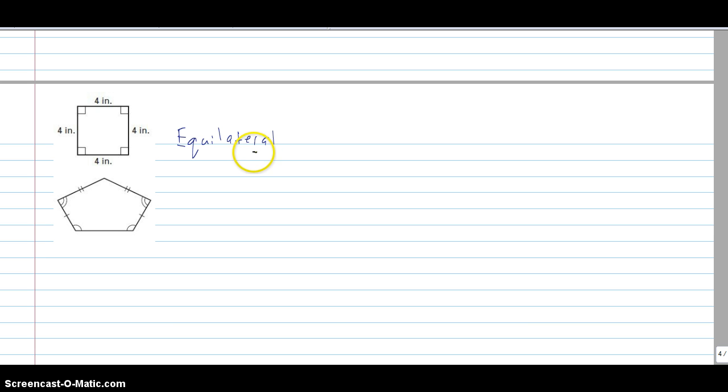And FYI, since all 4 sides are the same, that's a square. I also have 4 90-degree symbols. So all 4 sides are the same, all 4 angles are the same, so it's also equiangular. And since it is both equilateral and equiangular, it is a regular polygon.